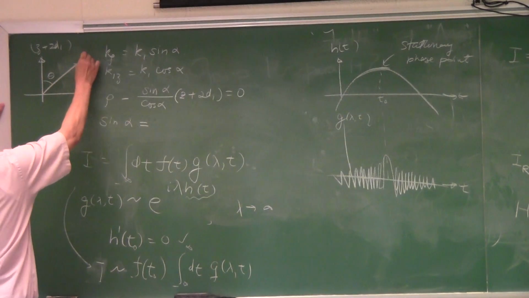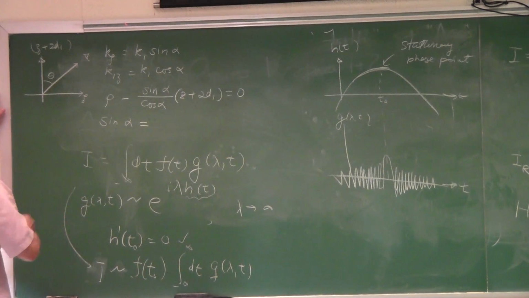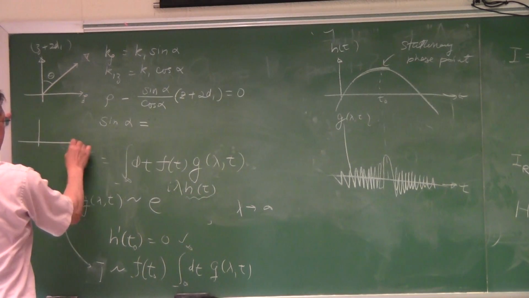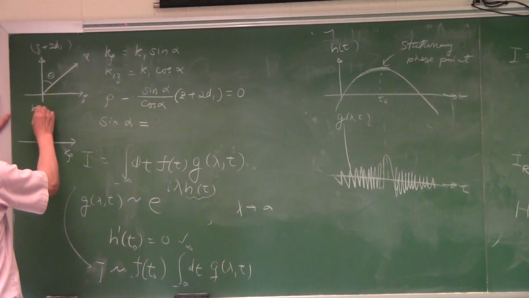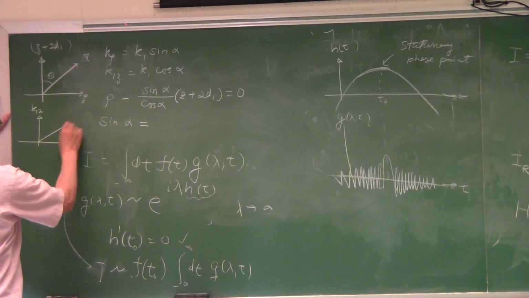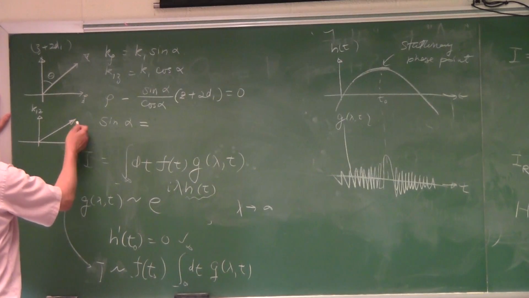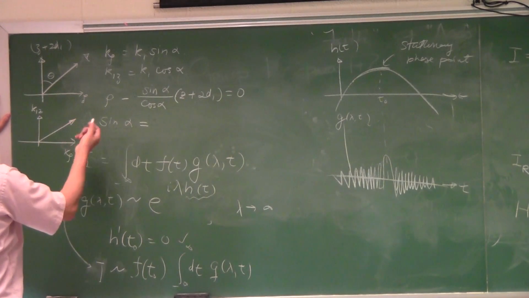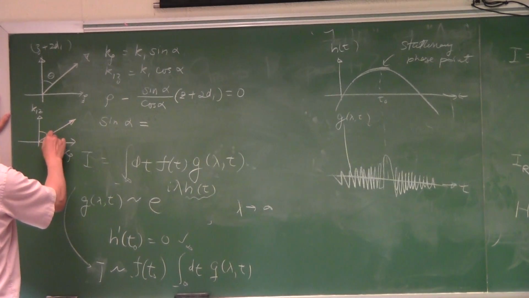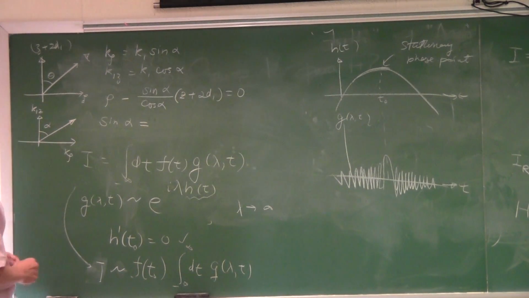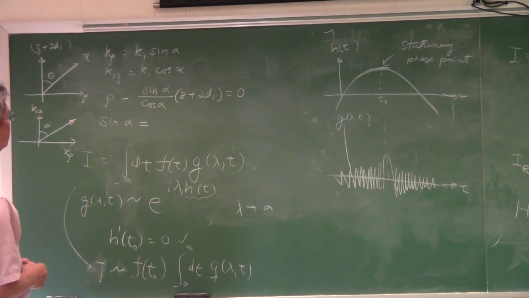If your observation angle is here, this is theta. And then if I write a similar one in the cylindrical coordinate system, then this is equal to alpha. I think that's what I have here.